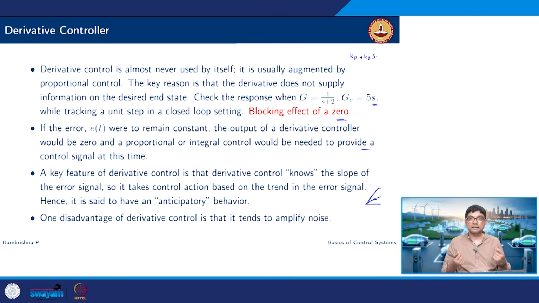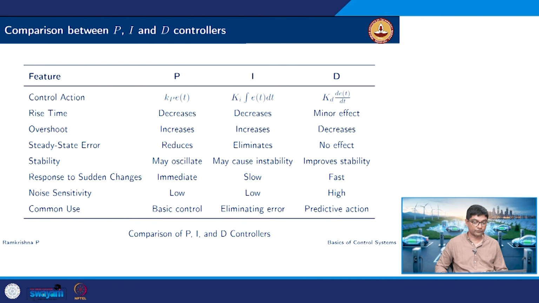Based on the derivative component, if e dot is say 25 as opposed to e dot is 5, we know that the number 25 says that the error is increasing fast, so I have to kill the error faster. If the error is slowly increasing, I take a little slower, appropriate corrective action. One disadvantage of course is that it tends to amplify the noise, but this also can be corrected by designing and putting in appropriate filters.